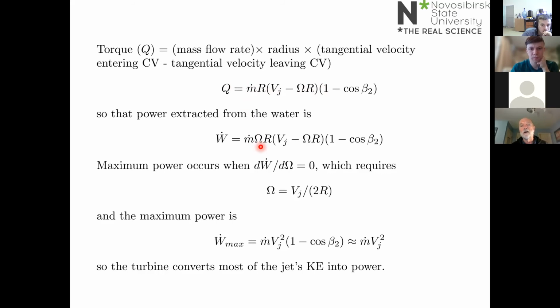If the angular velocity is omega, then I've got the power extracted. And what I can do then is look at the operating conditions that give me maximum power. Because one of the themes that covers all the technologies that we're going to be looking at in this course is the question: how can I get the most power out of my renewable energy technology?